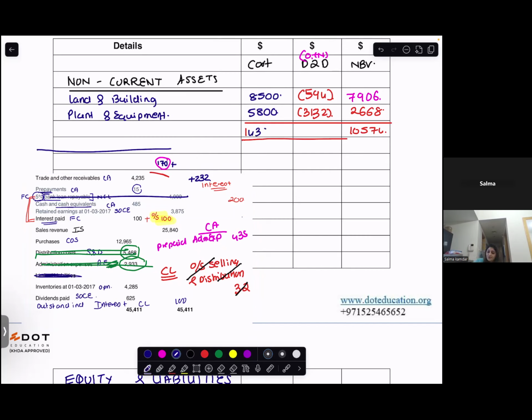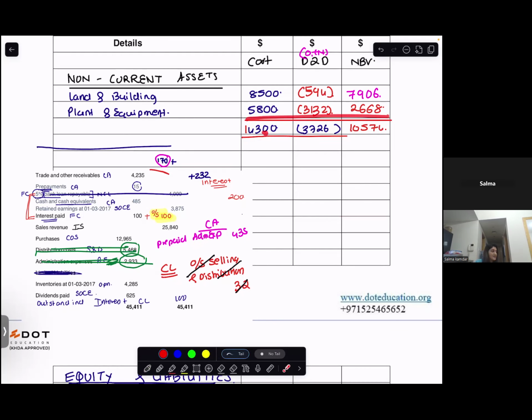One is 14,300. This is 3,726. Be mindful of the lines that I'm using. One full line, one half line. When I'm not drawing a line over here, that means I'm going to continue.